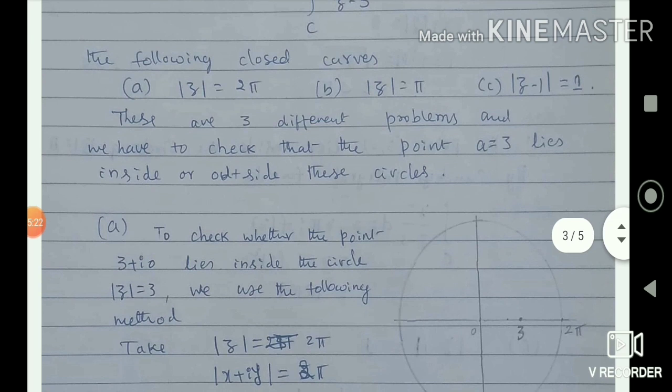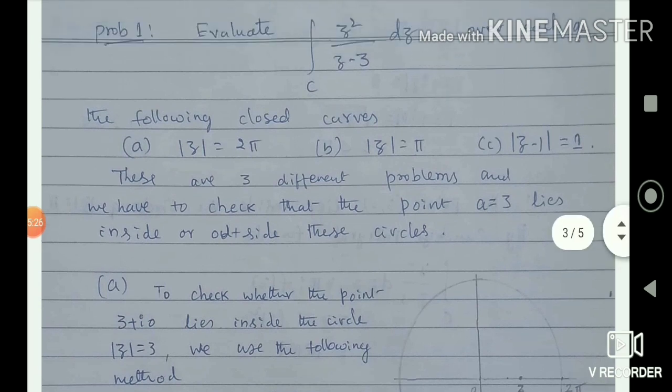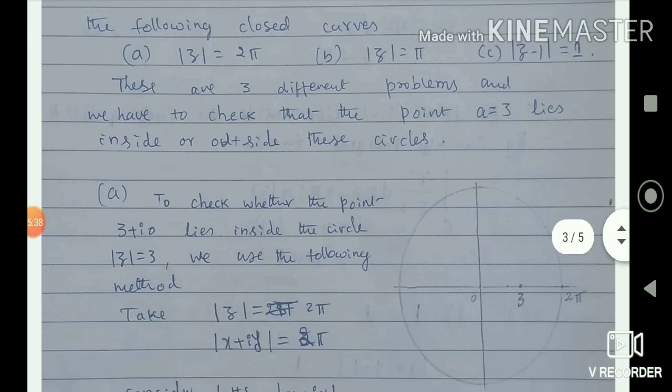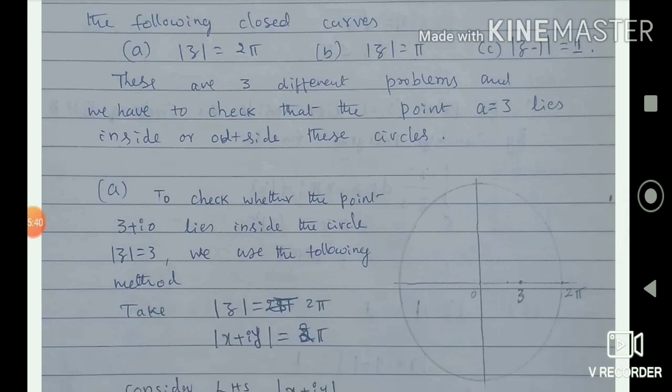So let us take the first one where mod z equal to 2 pi. First we have to verify whether this point a equal to 3, which is there in the denominator, lies inside the circle of mod z equal to 2 pi or not. To check this particular point, let us start with mod z equal to 2 pi.